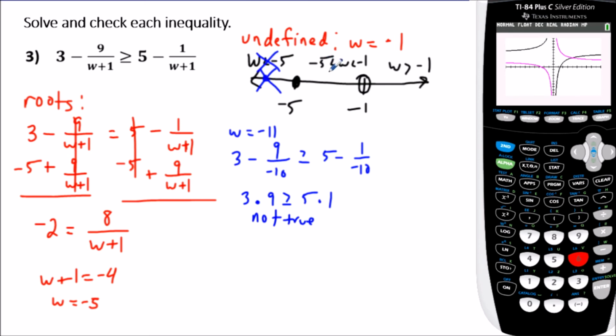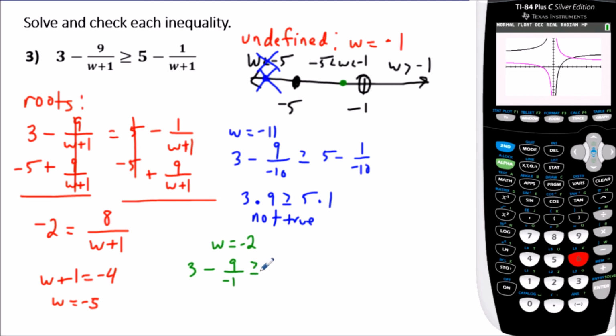For this one here, I'm going to see, is there anything particularly nice? -2 is a nice value to use, because -2 plus 1 is -1, and that will divide evenly. So let's go ahead and use that. So we've got w equals -2, and you got 3 minus 9 over -2 plus 1 is -1.